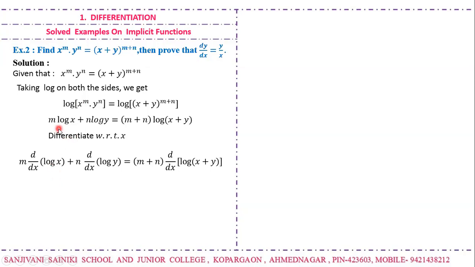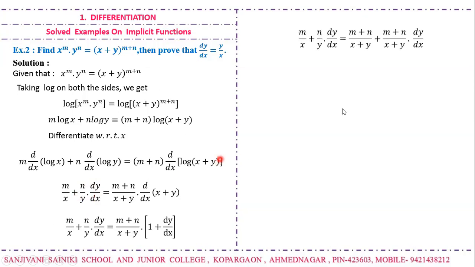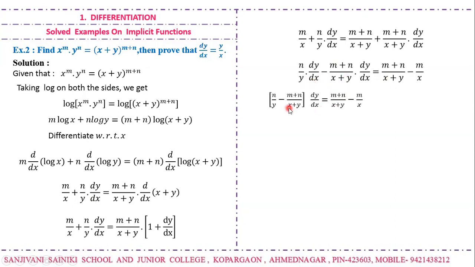So taking the derivatives of each term, and then we will take this dy by dx to one side, take dy by dx common from the two sides, and simplify the remaining terms.